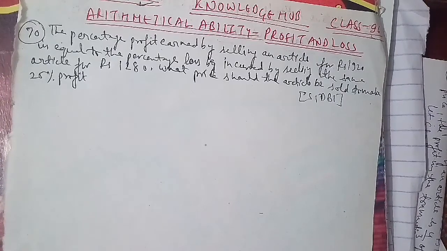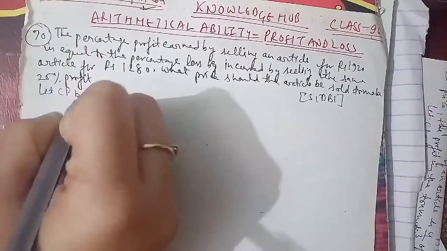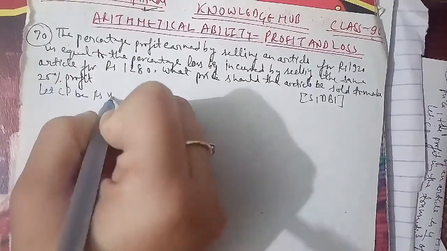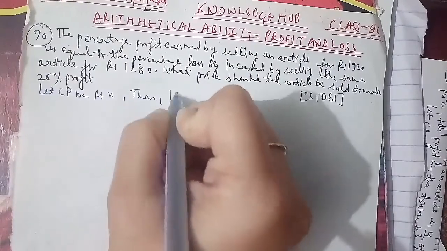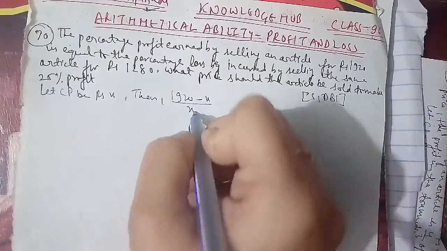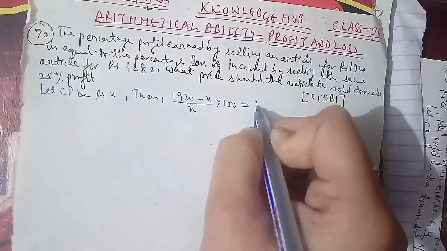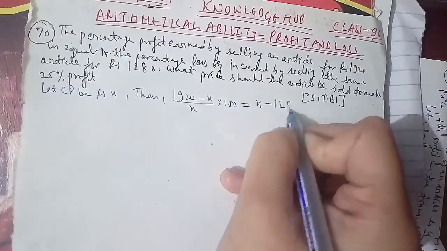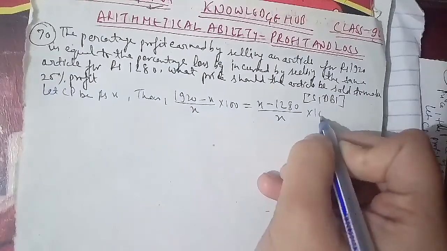So we'll find it out. Let CP be rupees X. Then (1920 minus X) upon X into 100 equals (X minus 1280) upon X into 100.